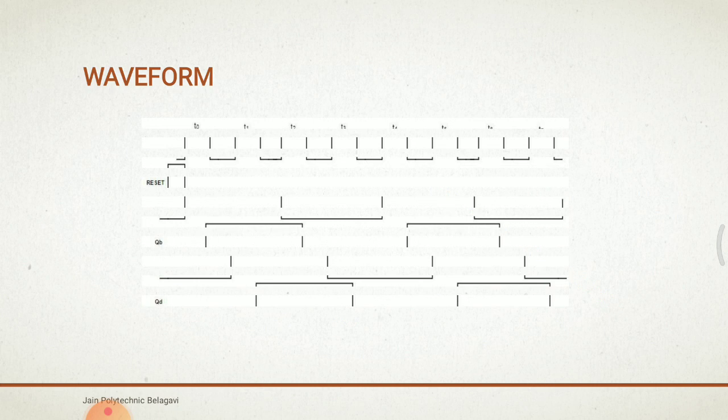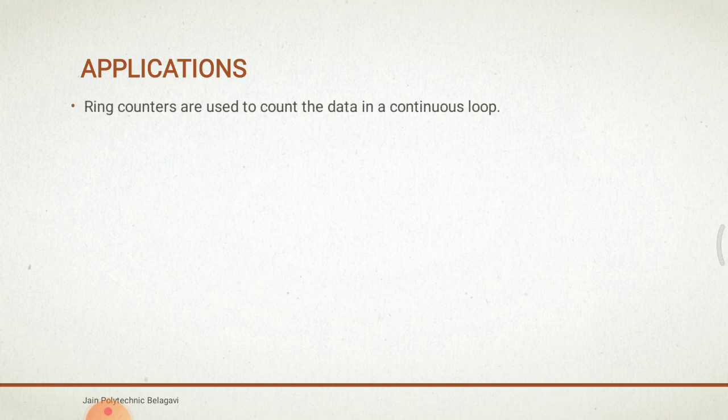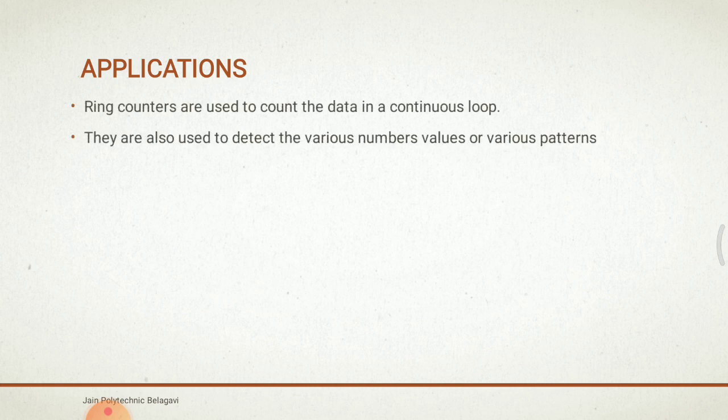Next, the applications of the Johnson counter. They are also used to detect various values or patterns within a set of information by connecting AND or OR logic gates to the ring counter circuits. 2, 3, and 4 stage ring counters are used in frequency divider circuits as divide by 2, divide by 3, and divide by 4 circuits respectively.